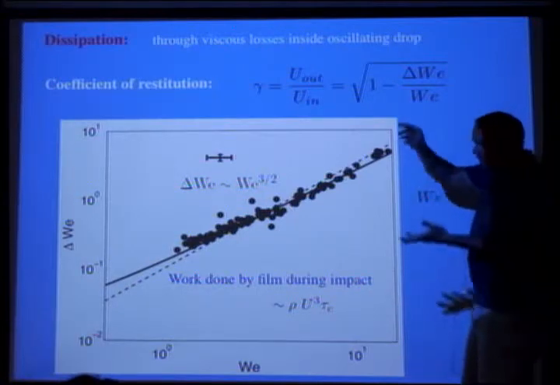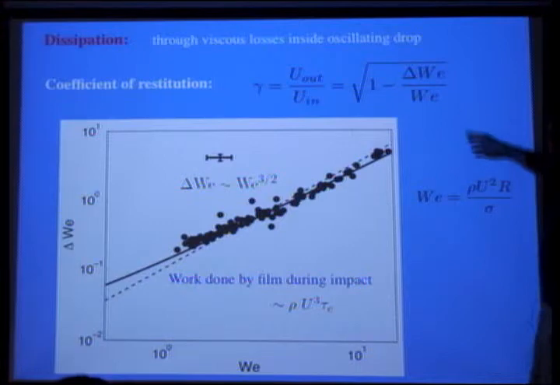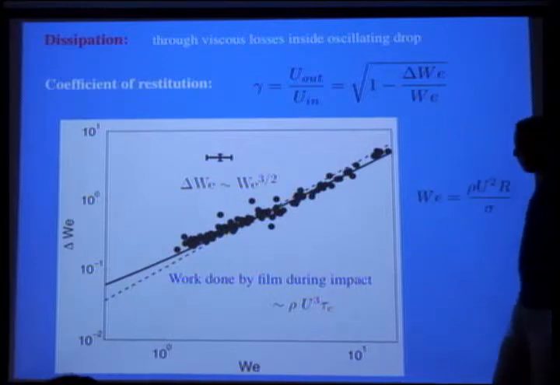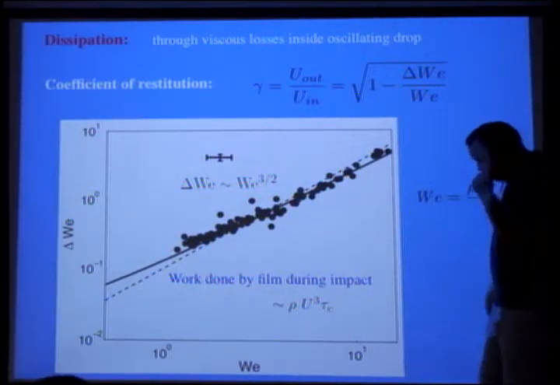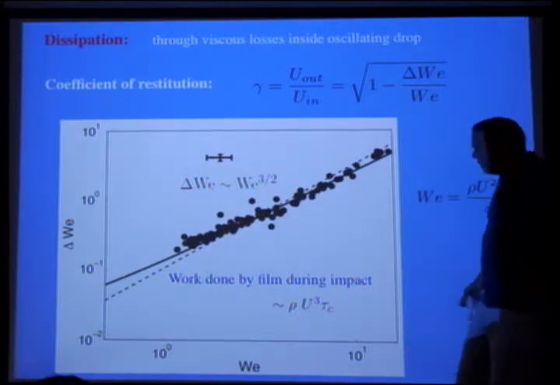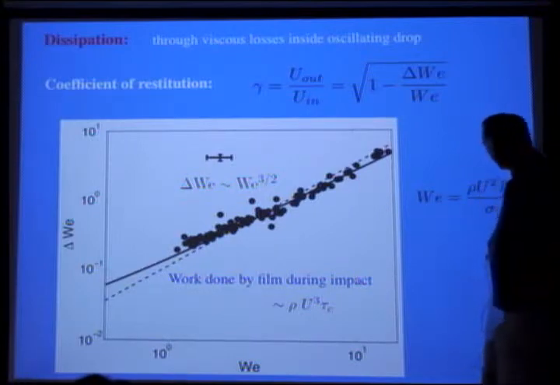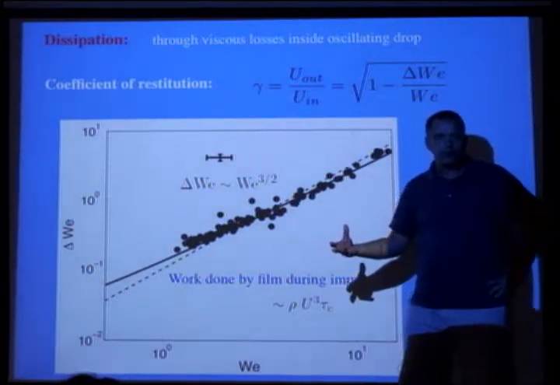This is the outgoing speed relative to the incoming speed, and we know this is always going to be less than 1. So we can define it as here, and we can plot the change in Weber number over the Weber number. And here we see that this does change with impact speed. In particular, the higher the incident speed, again this is our Weber number, the more energy is lost.